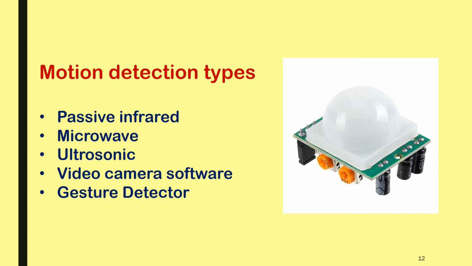Now there are a number of types of such motion detection devices or techniques available. So the first thing, which I mentioned, is passive infrared. Passive infrared sensors are sensitive to a person's skin temperature through emitted black body radiation at mid infrared wavelength, in contrast to background objects at room temperature.